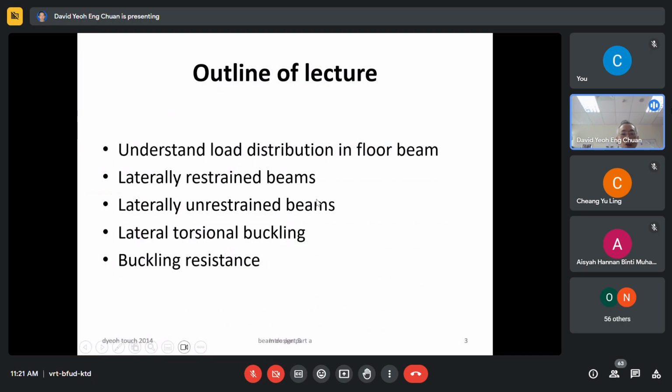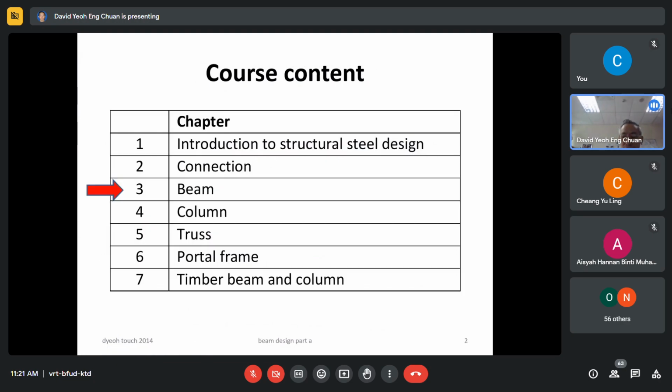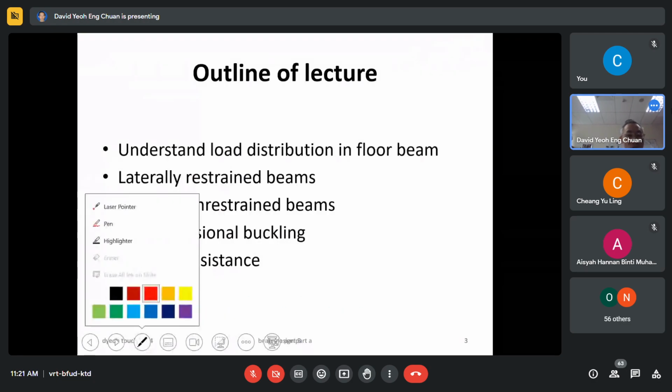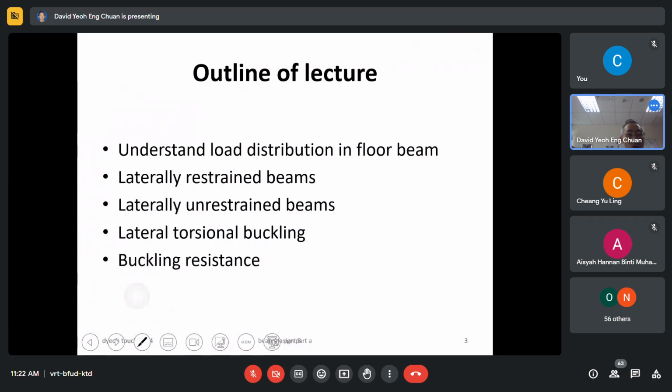Load distribution. Outline of this lecture: load distribution. How do we distribute the loads?